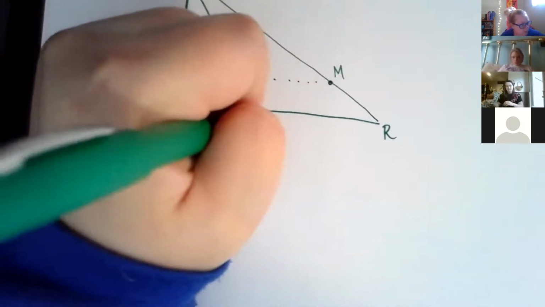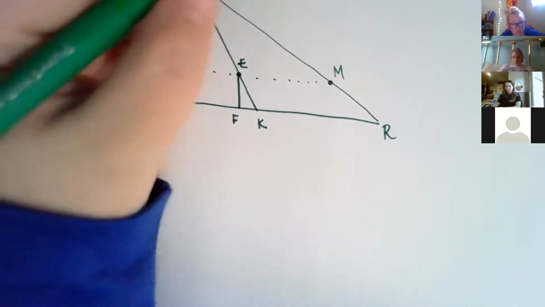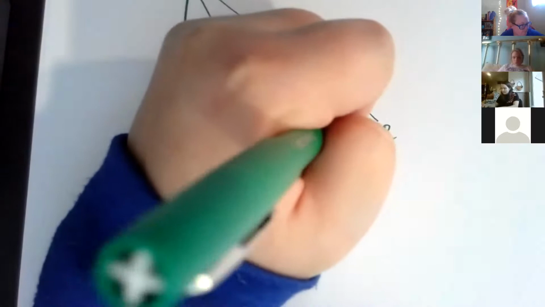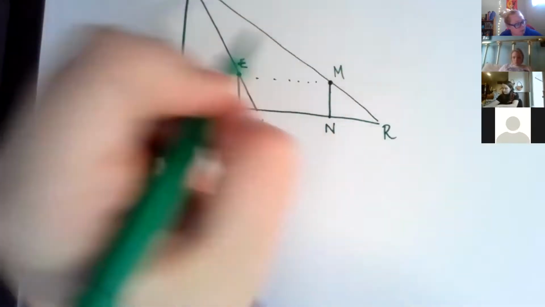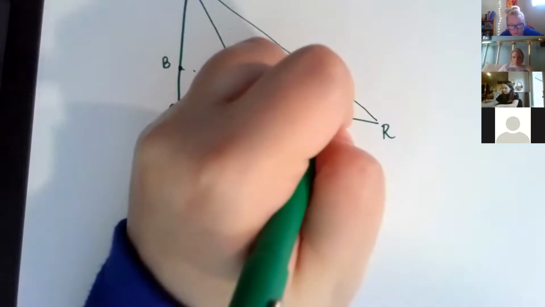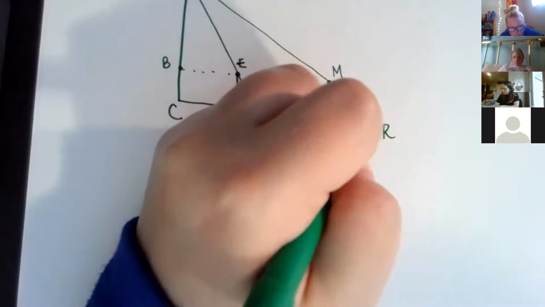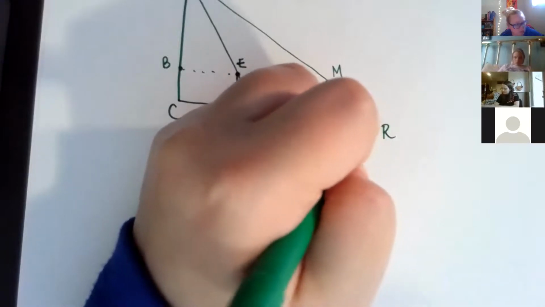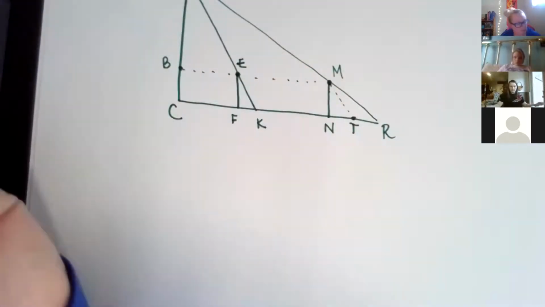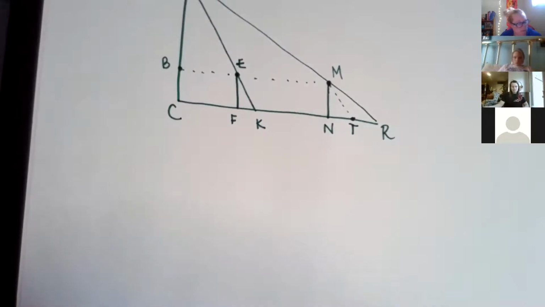That's an F, N, and let me make that a T. So now I have all my letters.